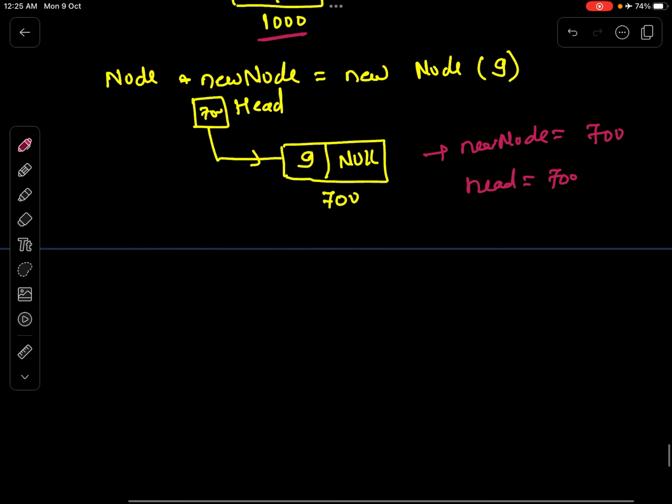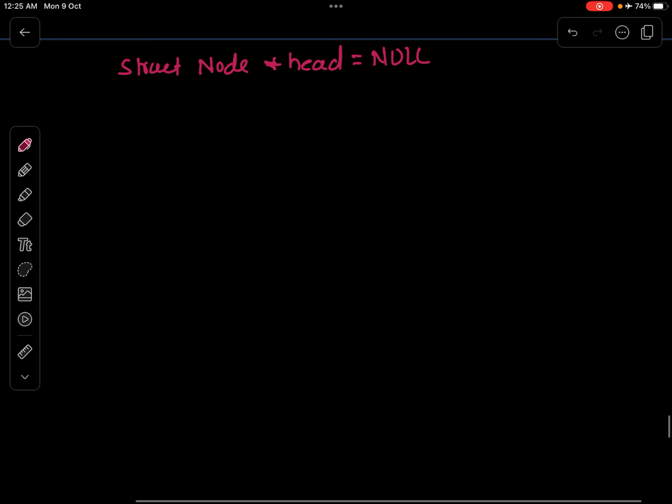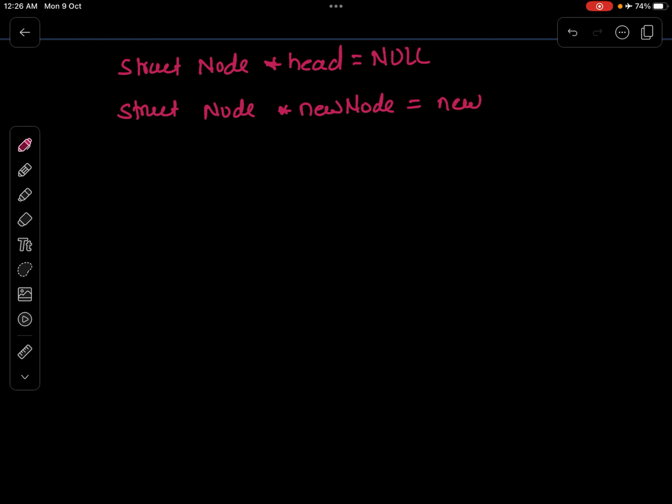Now let's create the linked list. Now I'm maintaining a special node just to keep track of my first node. So the name of that special node will be head itself, which is initially null. What does it mean? It means initially my linked list is empty. I don't have any kind of linked list. Now again, I will create a node called struct node, say for example, new node equals new node 7.